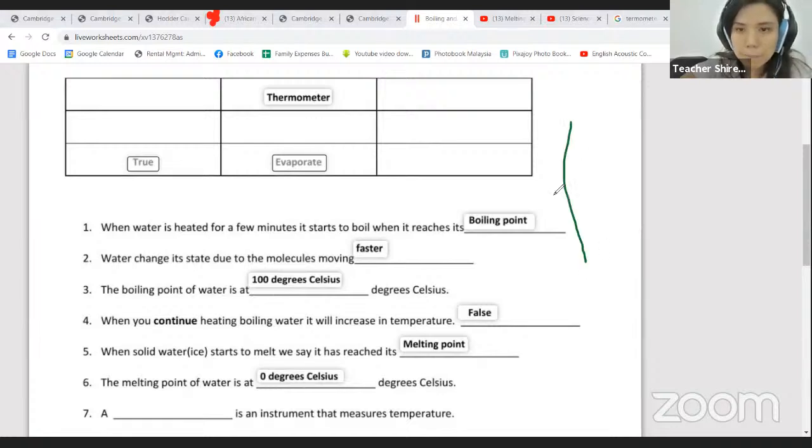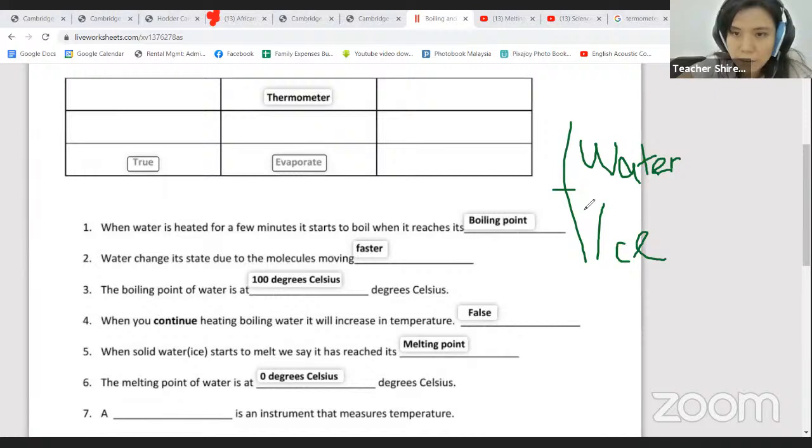Okay, let's say for example here. Here is where it becomes water. When the temperature is very low, it becomes ice. So what is the line between water and ice? It is 0 Celsius.